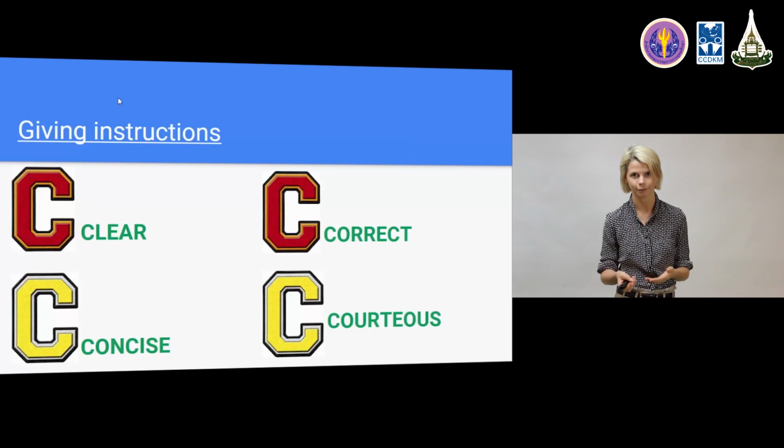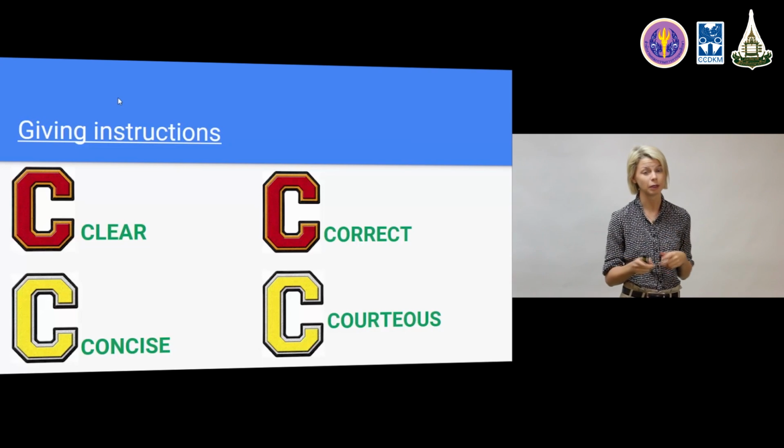Make some notes. Make sure you have the important information ready. Oh yes, the van leaves, okay, or the bus. The van leaves at 5 p.m. You have that correct information with you.